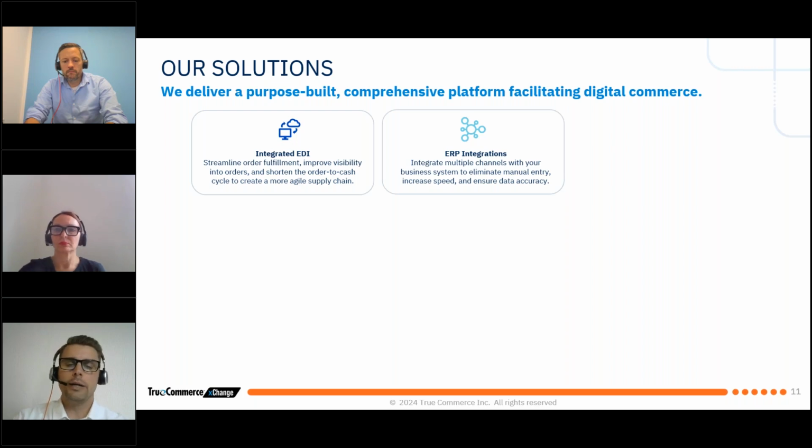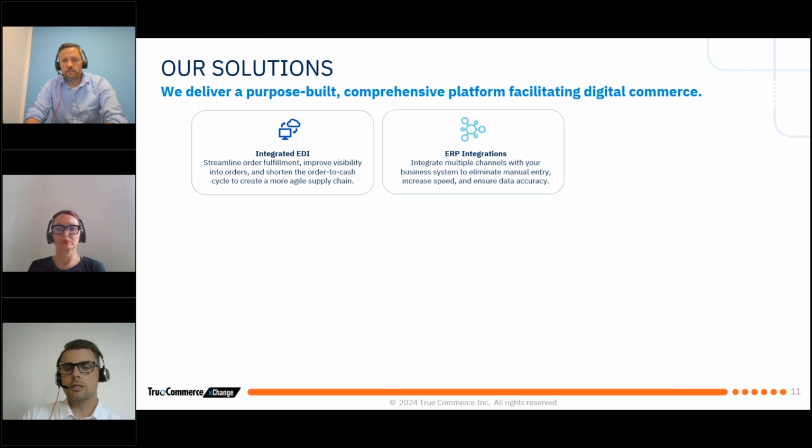But concretely, what ERP integration does is obviously it eliminates any kind of rekeying of data into the ERP. By default, what that will do is it'll allow you to make sure that that data is more accurate. It definitely increases speed, both on orders coming in, but also on invoices getting to your customers. If you think of invoices getting faster to your customers, that means you're getting paid quicker.